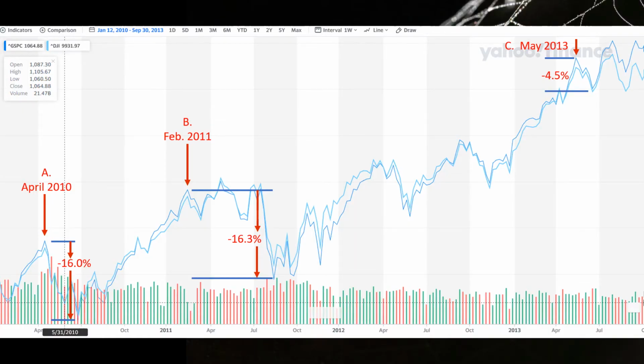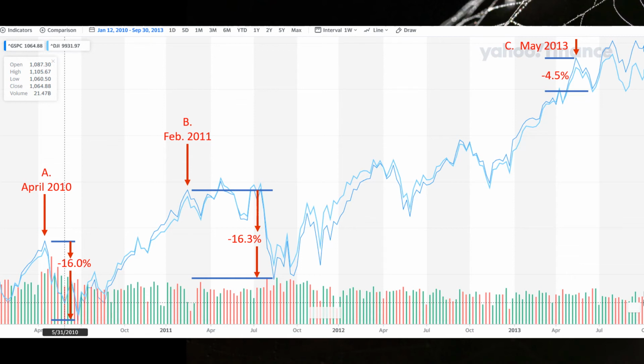Here's a chart of the S&P and the Dow over the range of the first 3 times in 2010, 2011, and 2013. After the April 2010 positive trend peak, the S&P declined 16%.